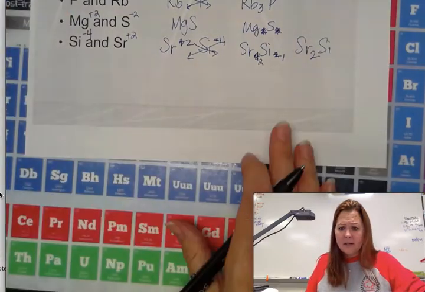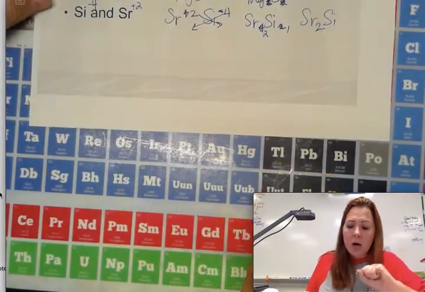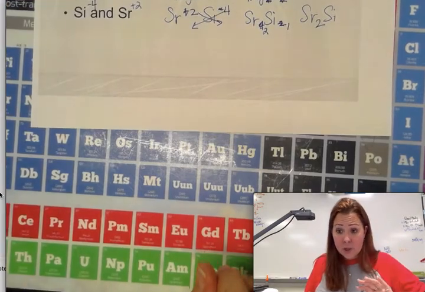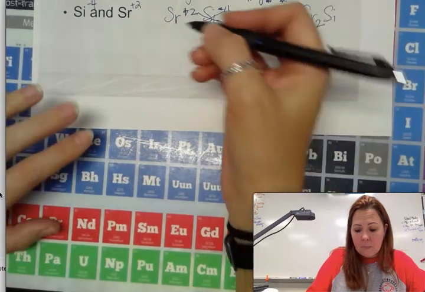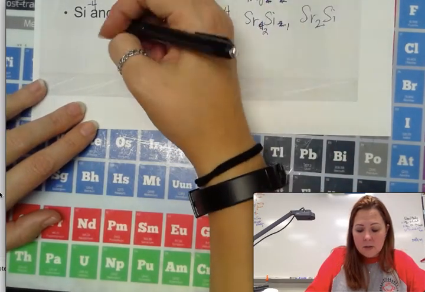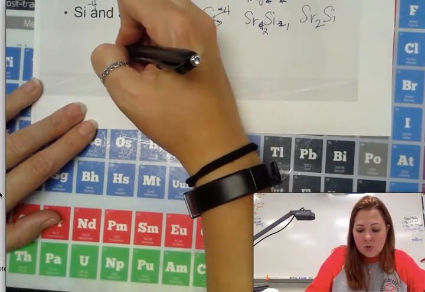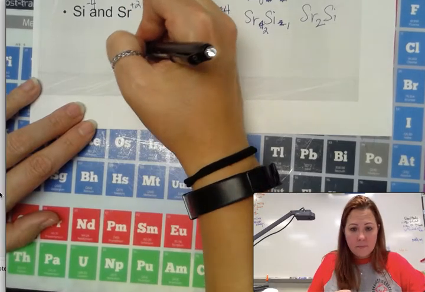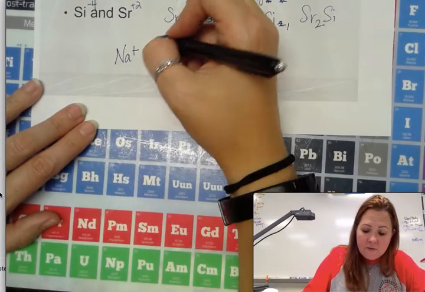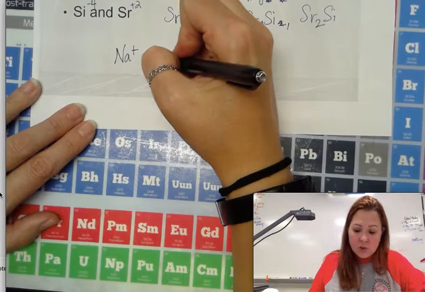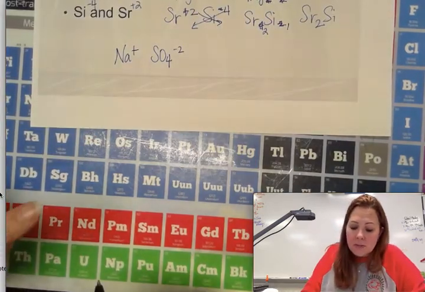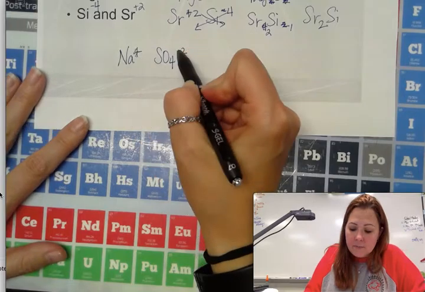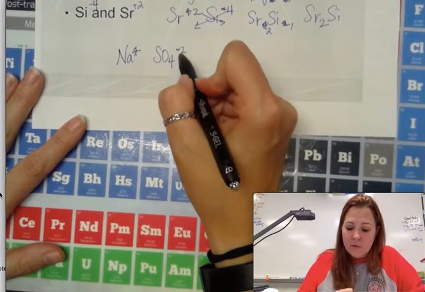Now I do want to do one more that's not on here. One that has a polyatomic ion, just to show you what I meant when I said that you cannot change what you have. So let's say that we have, how about sodium that has a +1, and you have sulfate, which is SO4 -2. So if I have these two, the plus and the minus are going to disappear. This 2 drops over here.